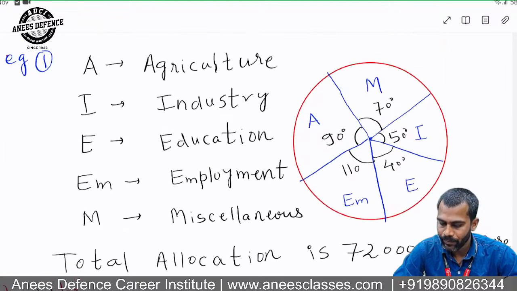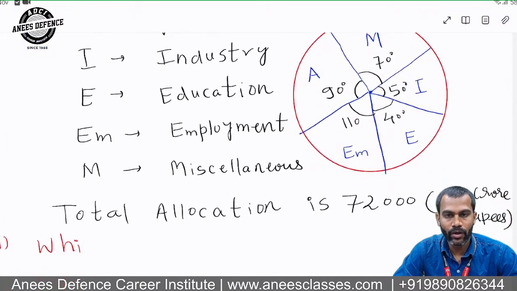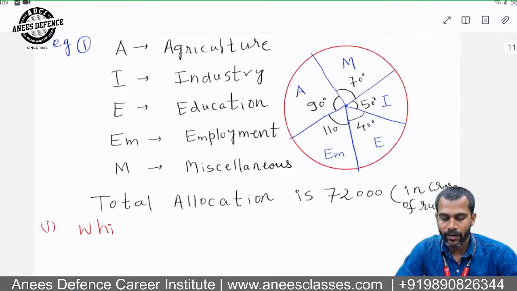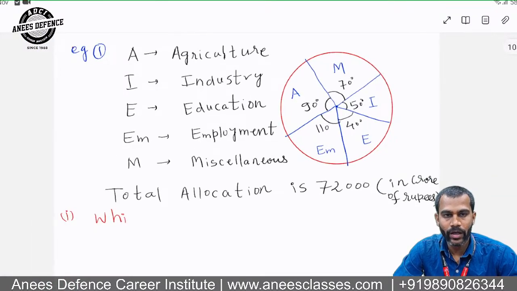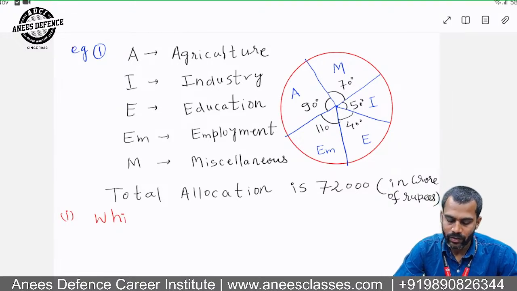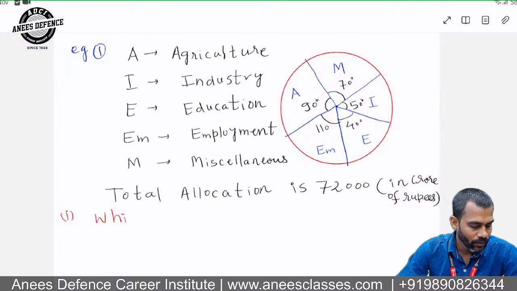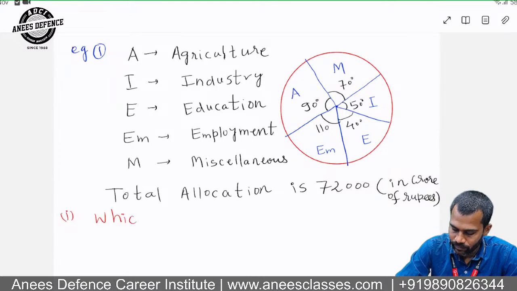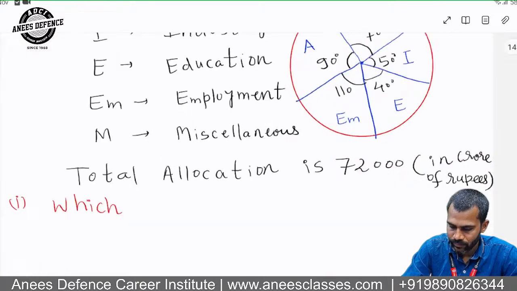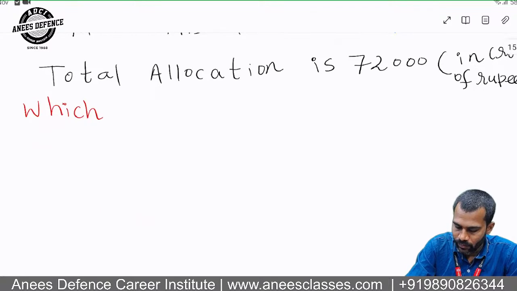A for agriculture, I for industry, E for education, EM for employment, M for miscellaneous, and the total allocation is rupees 72,000 crore, right? Now the first question is, which head is allocated the maximum fund? Very easy.